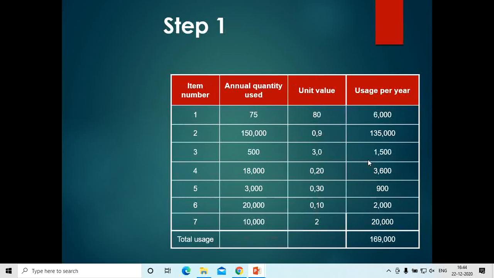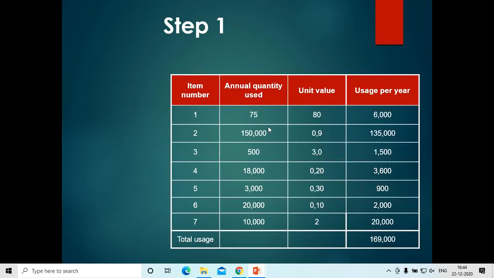If I go to step number 1, what is step number 1? We have to get the total usage per year for each item. The formula is very simple: the annual quantity required for each item multiplied by the unit cost. Let's say item number 1 requires an annual quantity of 75, and the cost of item number 1 is 80 rupees. So 80 multiplied by 75 gives the annual usage per year, that is 6,000 for item number 1.